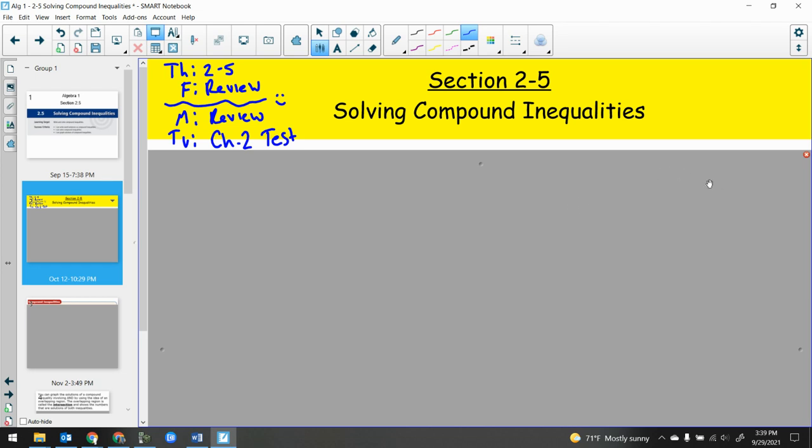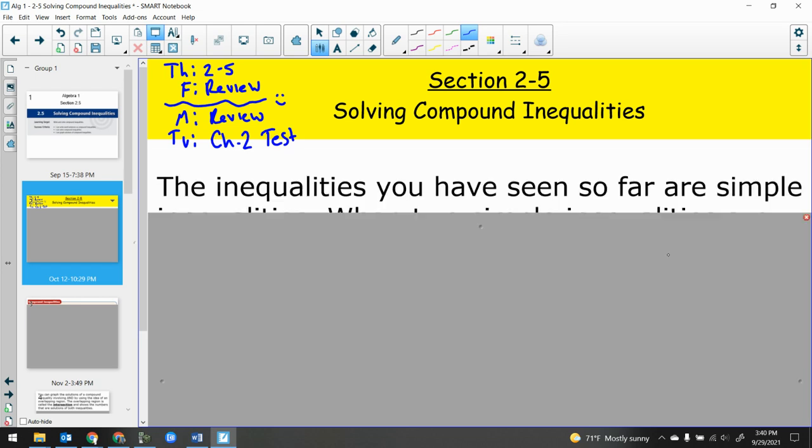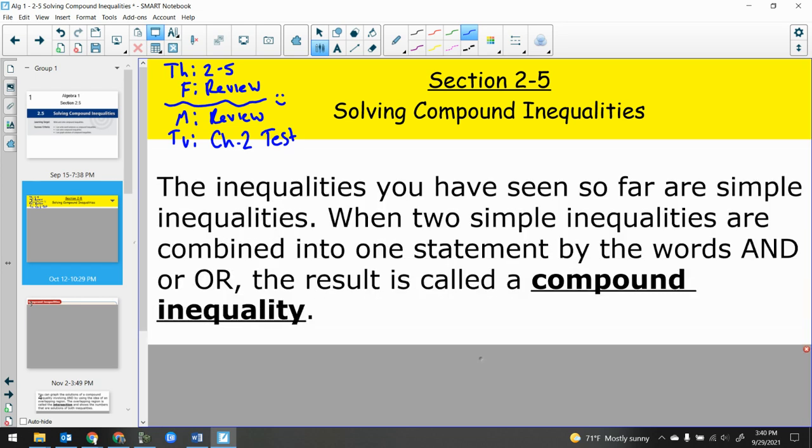All right, so section 2.5, solving compound inequalities. Now, what is a compound inequality? A compound inequality is basically an inequality using the word and or or. I like to think about it this way. If I wanted to look at everybody in the class and I said I was going to gather up all of the kids that wore jeans or wore glasses, I would look around the room and pull everybody.